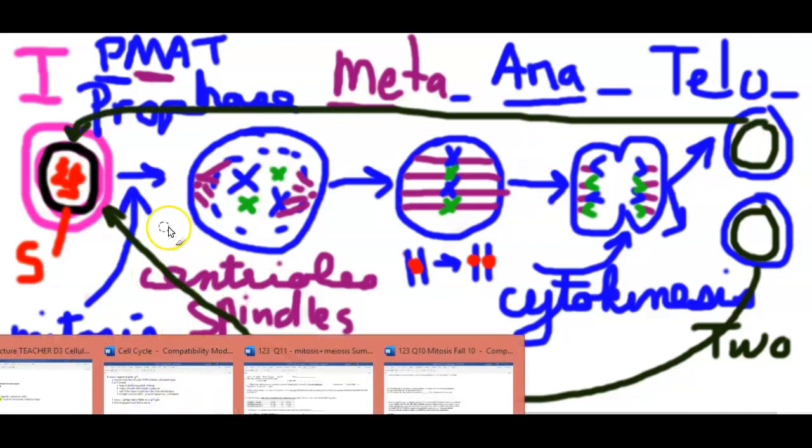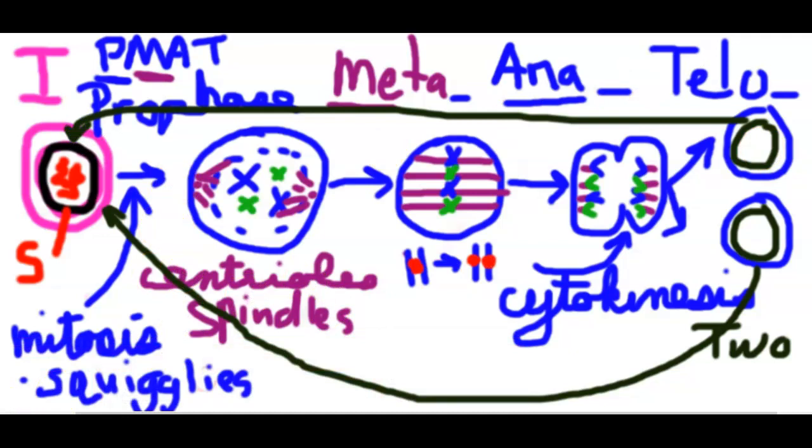So let's go back to our telophase. So in animal cells, these two will be the same size and everything as the original one. In a plant cell, we'll see a little bit later that they actually will be half the size at first.